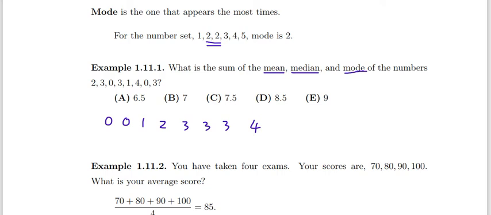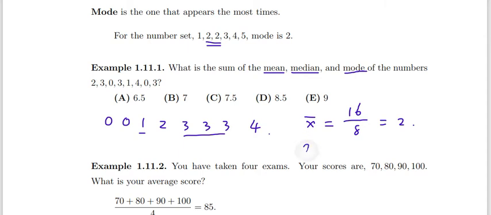Okay, so what is the mean? Mean is the average. So let's say we can denote the average as x bar. So add them up. So let's say here is 9 plus this is 10. So 16, right? 16 over how many total numbers? 8. So we say the mean is 2.